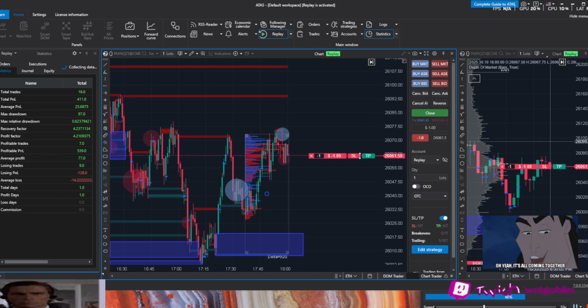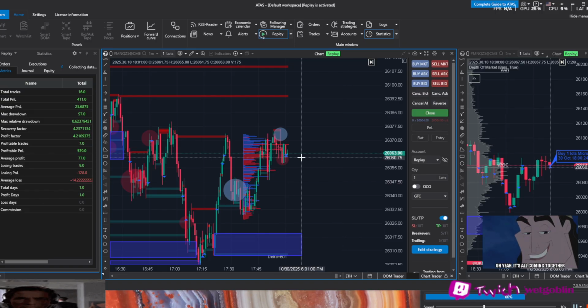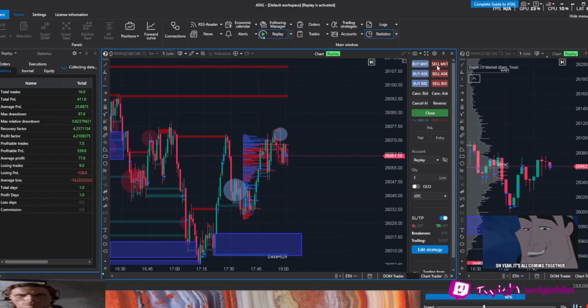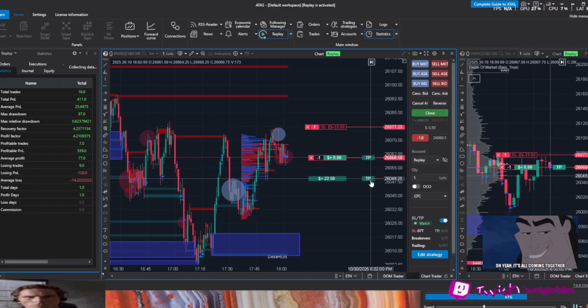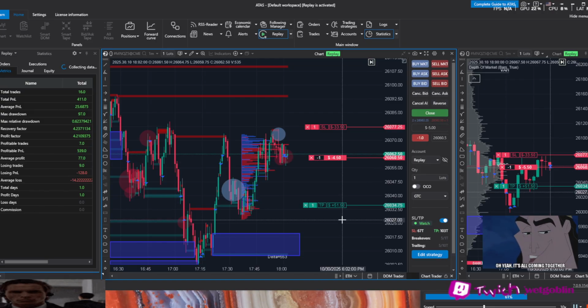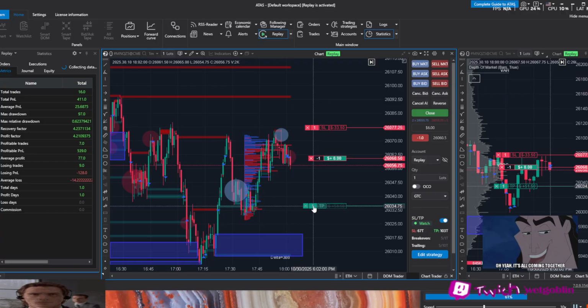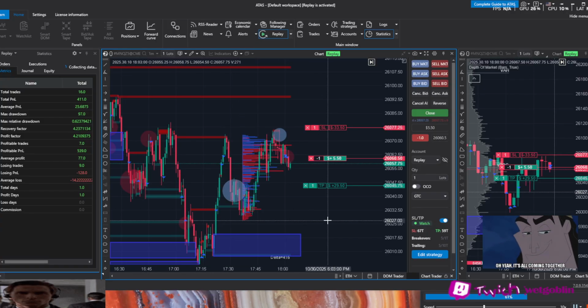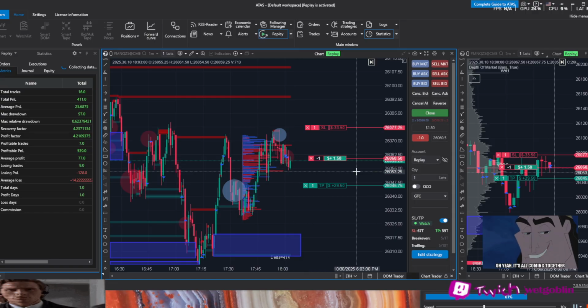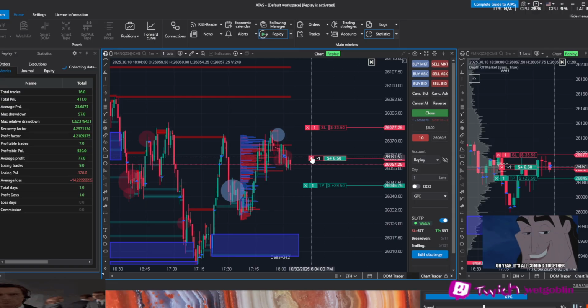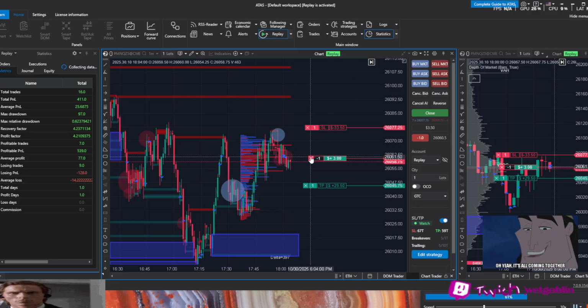I'll play short side here for a minute. Okay. Guess not. Or maybe just back to this bid here. These aggressive sells are coming in, which is exactly what I just did. See if we get rewarded or not.